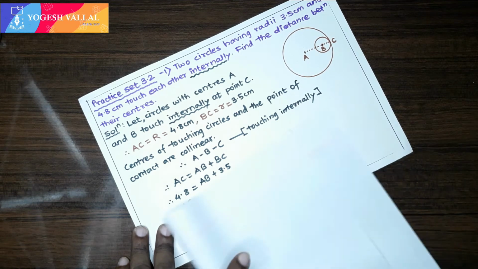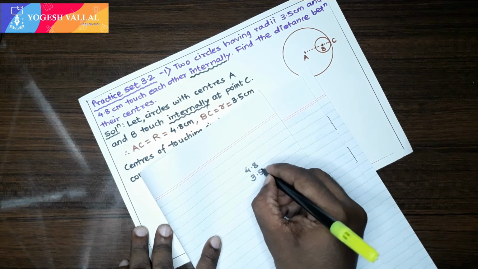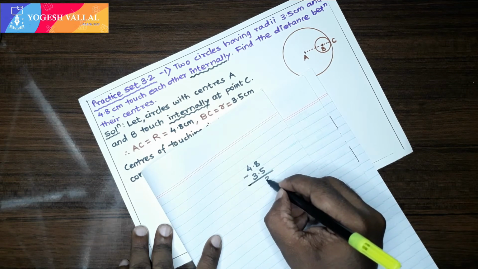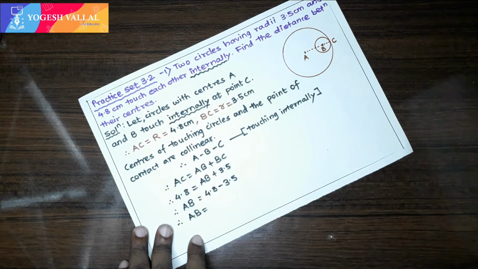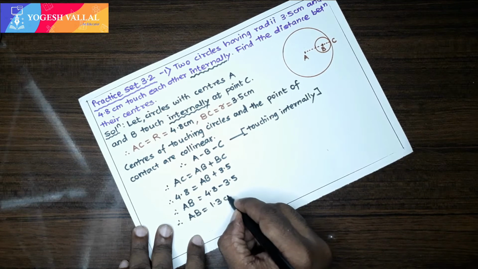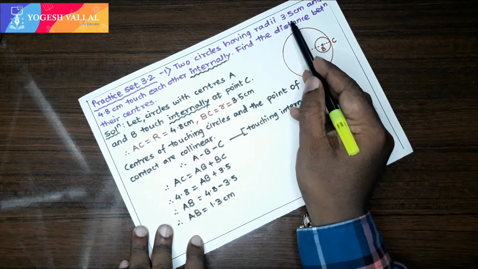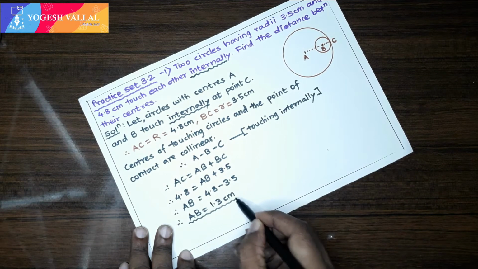I have taken a rough page here. 4.8 and 3.5, write the point below the point, and we get 8 minus 5 will give 3, 4 minus 1 will give 1. In this way we get the value 1.3 centimeter, as we were given 4.8 centimeter and 3.5 centimeter. Now AB is equal to 1.3 centimeter.